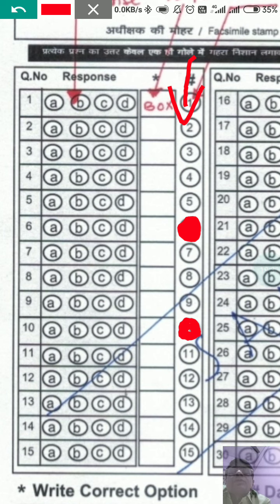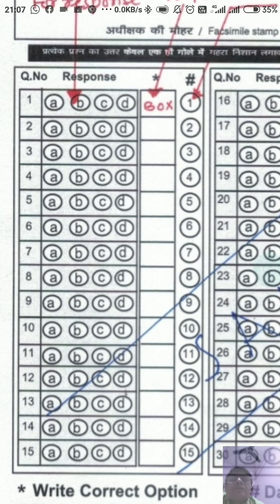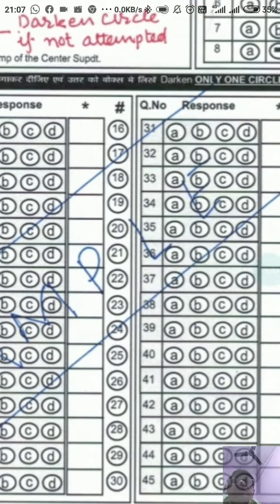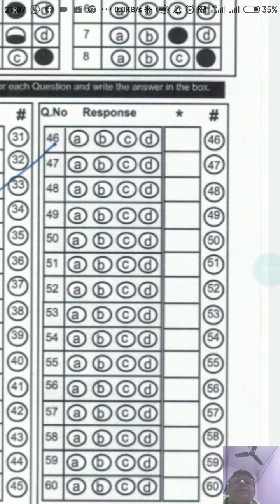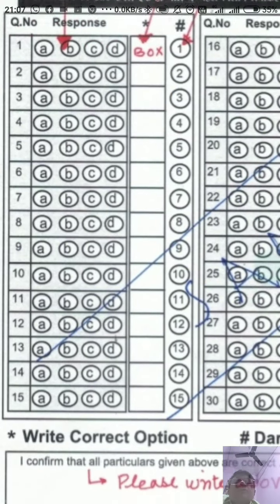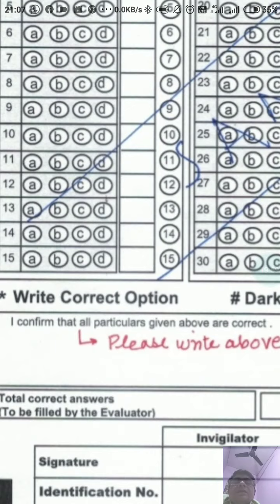Suppose you have solved question number 3, you have responded B, so you need not darken question circle 3. Okay, you got it? So is it clear, my dear students? Is it clear what you have to do, how to respond your answers?